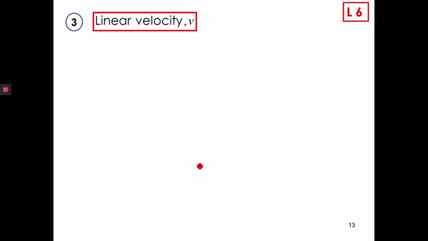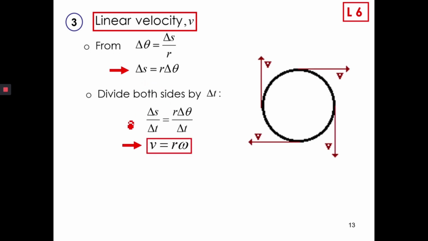Third quantity is linear velocity, v. From the formula of angular displacement, theta equals s over r, you can determine the linear velocity by dividing both sides by t. When you divide s displacement over t, you will get v, and r delta theta over t.